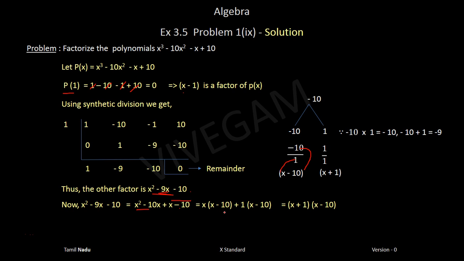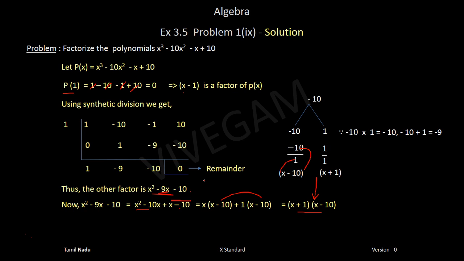And when you take 1 out, it will be x minus 10. And you can take x minus 10 commonly out from these two terms. Once you take x minus 10, x is left out and plus 1 is left out. So it will be x plus 1 into x minus 10. That is what we got here also. So both methods are giving you the same answer. Whichever suits you, you can select it.